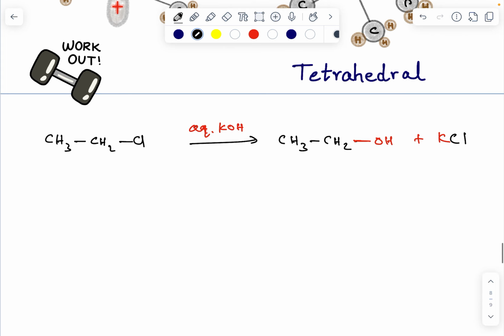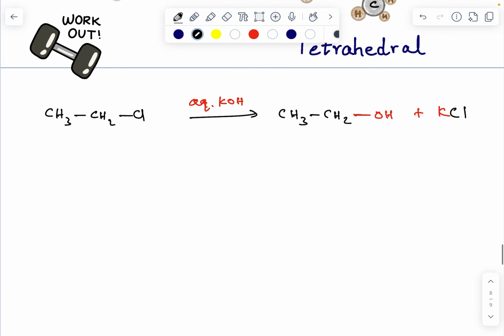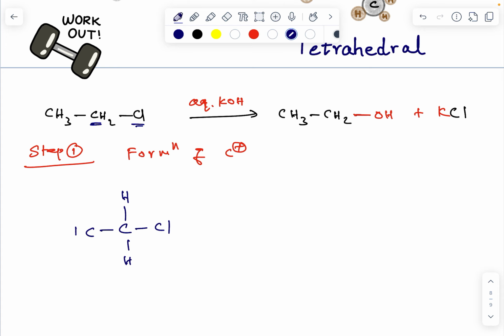Now I am explaining from the mechanism point of view. What is step number 1? Step number 1 is the formation of carbocation. How is it formed? First we need to identify the nature of the C-X bond.